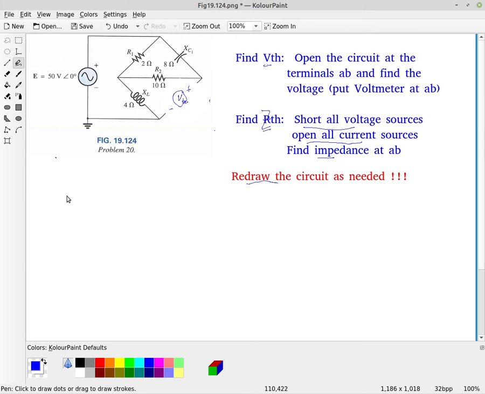Alright, so let's start by finding Z Thevenin, and as I said, we're going to redraw this. We're going to have our AC circuit, and you need to label these nodes.